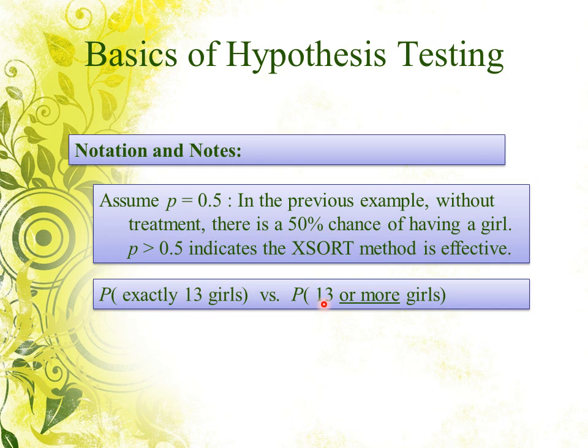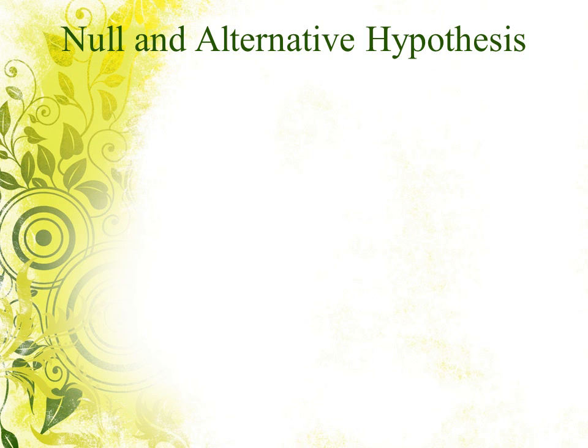We're talking about the probability of 13 or more, or in the previous example, 50 or more girls, because that would indicate the probability was greater than 50%. So we're not going to be looking at these exact probabilities. We're going to be looking at what we call the probability of getting something more extreme than a number, so either greater than or less than a specific value.